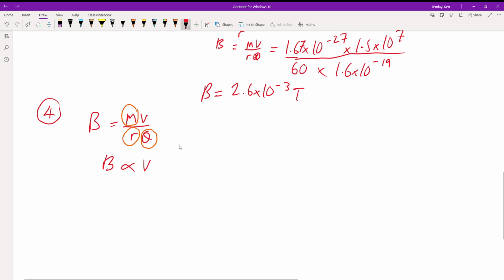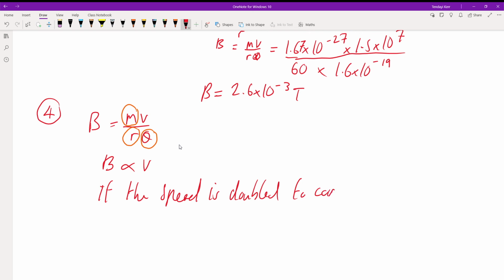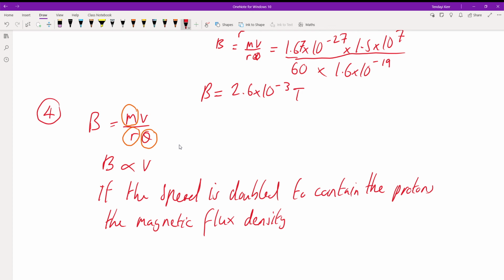So if B is proportional to V, if those ones are constant, if the speed is doubled, to contain the protons, we need to double the magnetic flux density. That is to keep the protons in the tube.